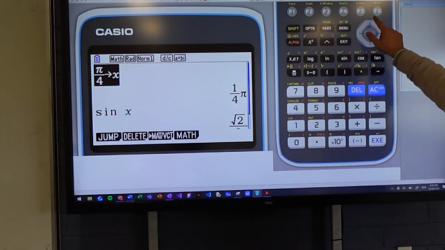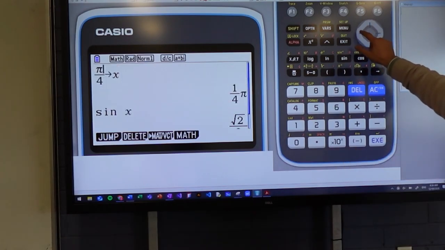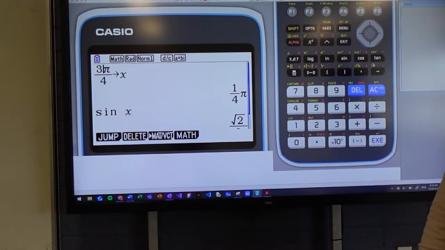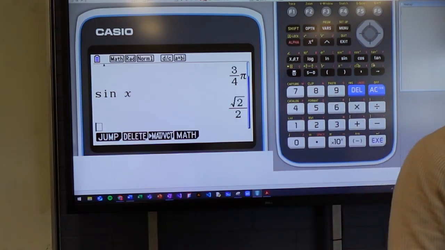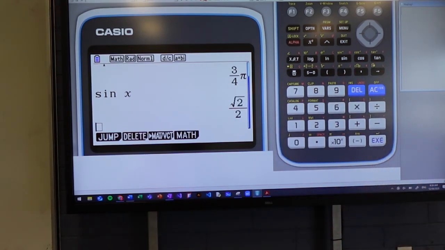Checking the other one, change it to 3 pi on 4 into x, sine of x gives us, lo and behold, root 2 over 2. Does this make sense?